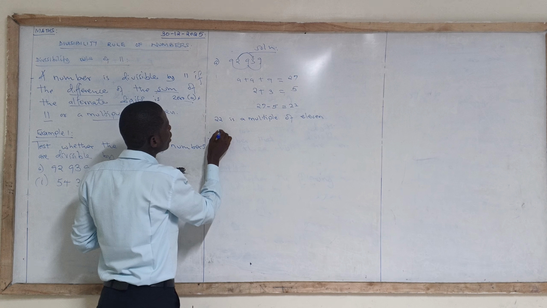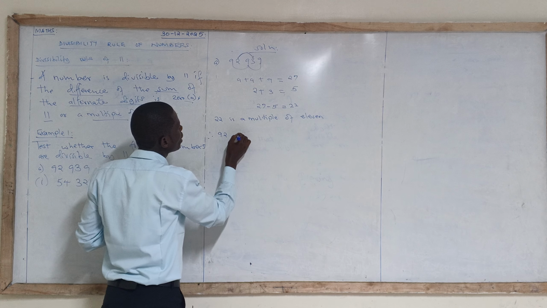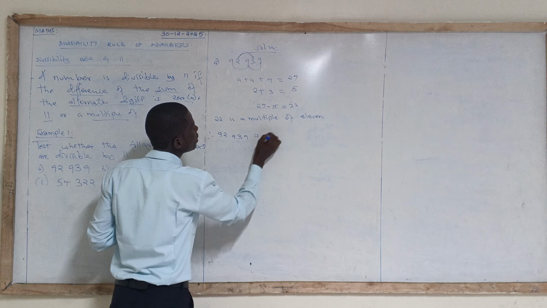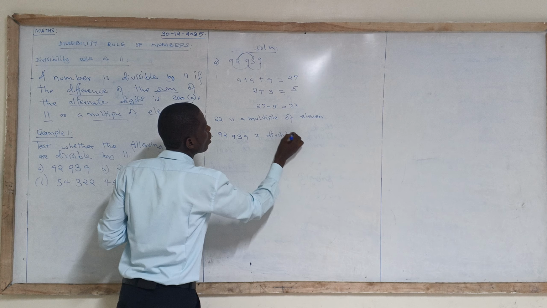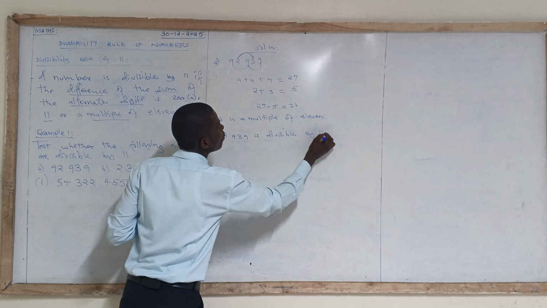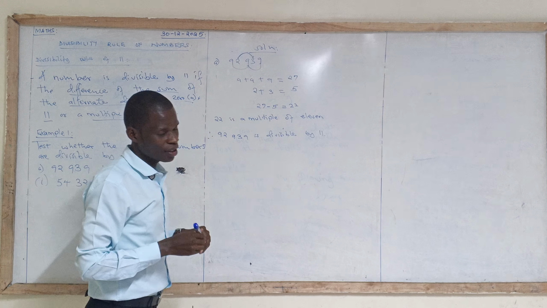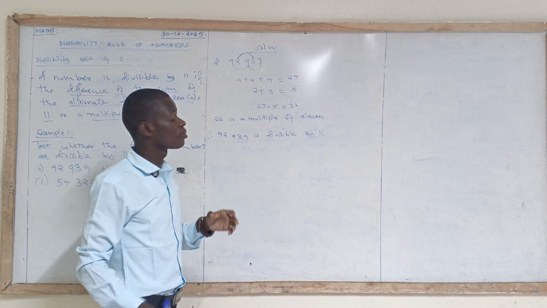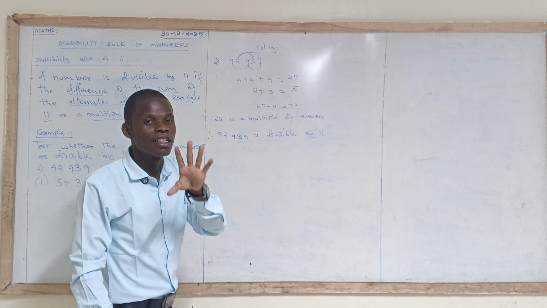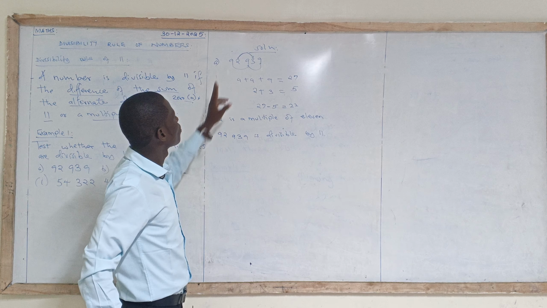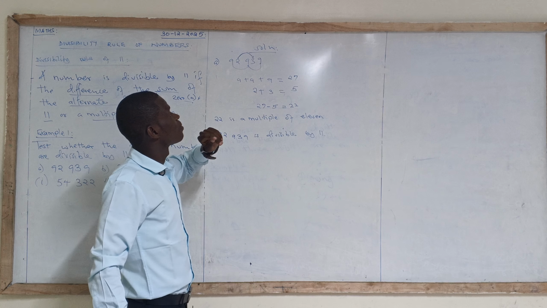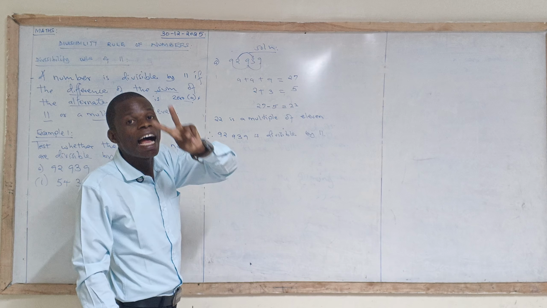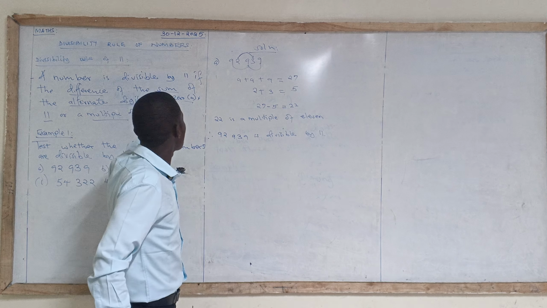Therefore, 92,939 is divisible by 11. Very simple. First, identify the alternate digits. Second, add the alternate digits to give you the sum.